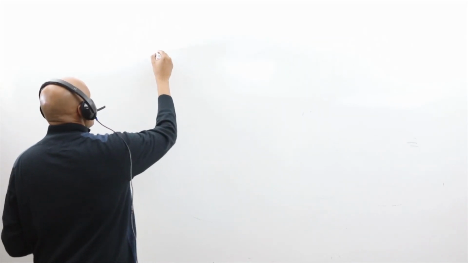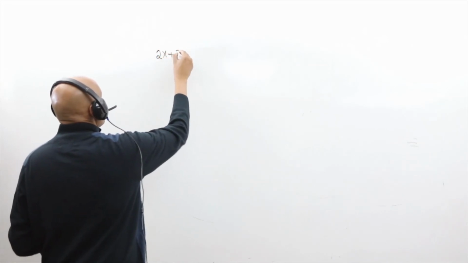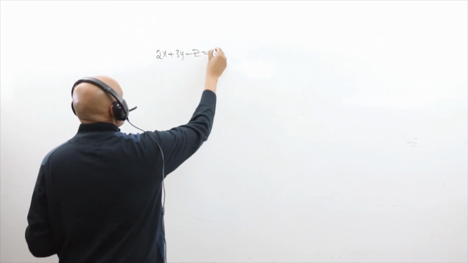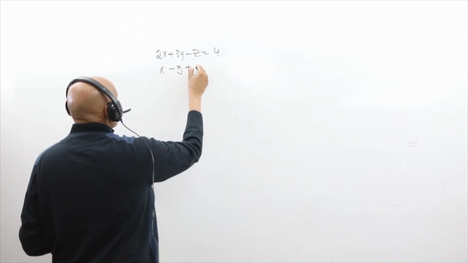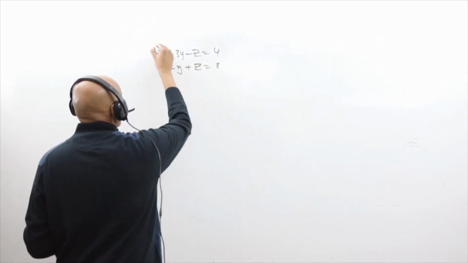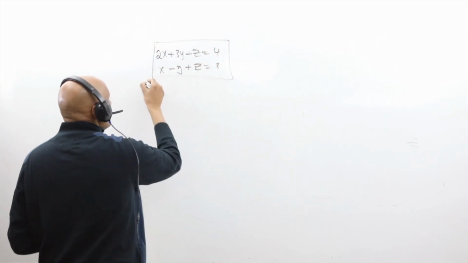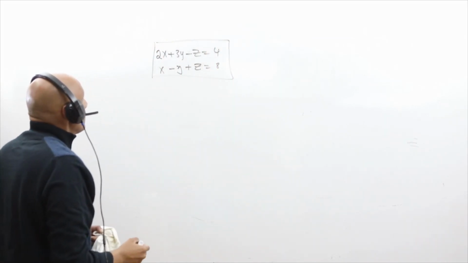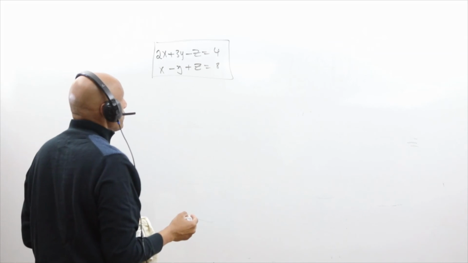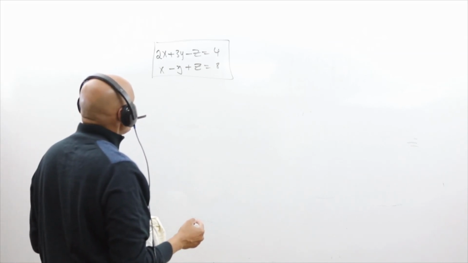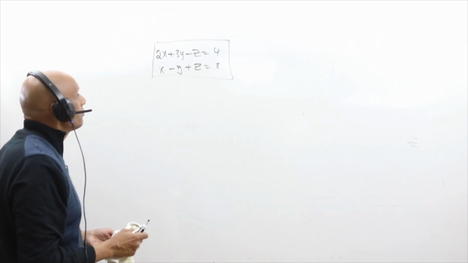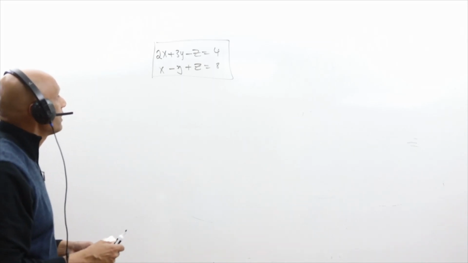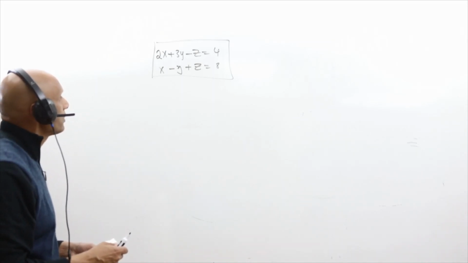So here's an example: 2x plus 3y minus z is equal to 4, and x minus y plus z is equal to 8. Obviously we have 3 unknowns and only 2 linear equations. Now I can't really solve for x, y, and z as unique values, but maybe we can solve for x, y in terms of z.